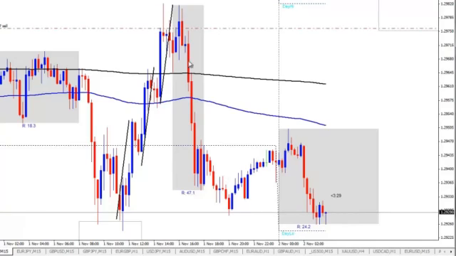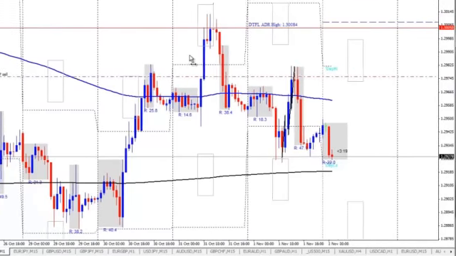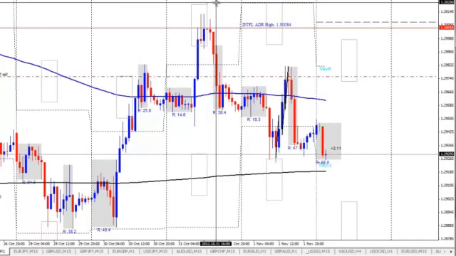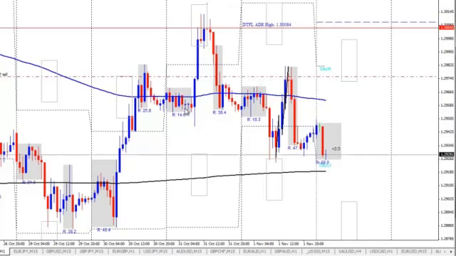But at this point, with this nice push down, and if we can get the close below this level, we're looking at a definite first push down from the highs. It's got a nice run, 95 pips, and a close below a significant level, so that qualifies as a decent first push down.